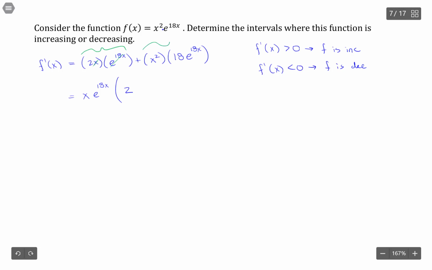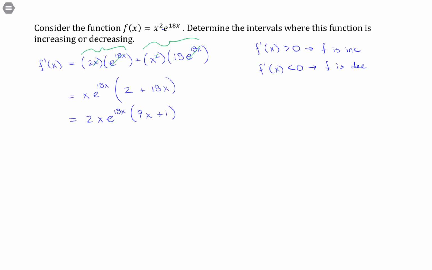In the second term, if I'm taking out e to the 18x and an x, then that would leave me 18x. And in fact, I actually could have pulled out another factor of 2. So let me go ahead and do that. So 2x e to the 18x times, and I'll make this 9x plus 1. So that's probably the simplest form that we're going to get.